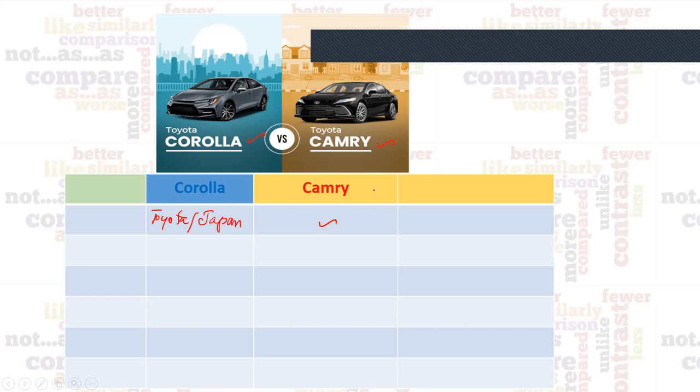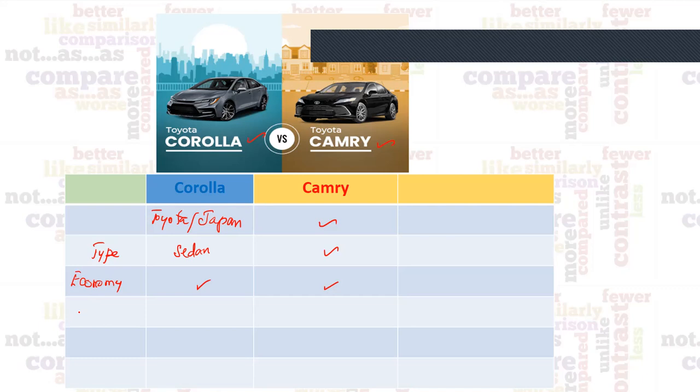Is that okay? Then what type of car is it? It is a sedan, and Camry is also a sedan. And what class is the car? This is an economy car. Economy car means anyone can afford to buy it, not a luxury car. It's the opposite of a luxury car.